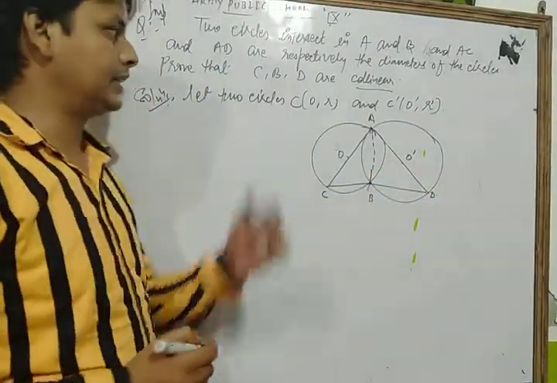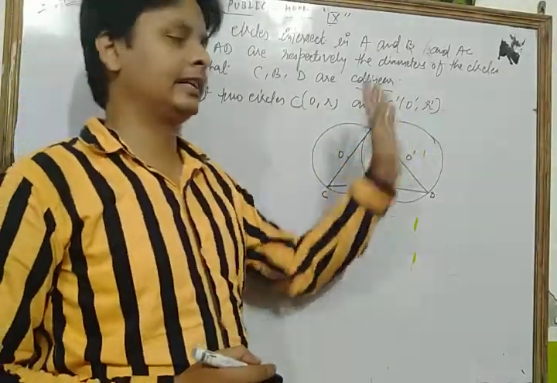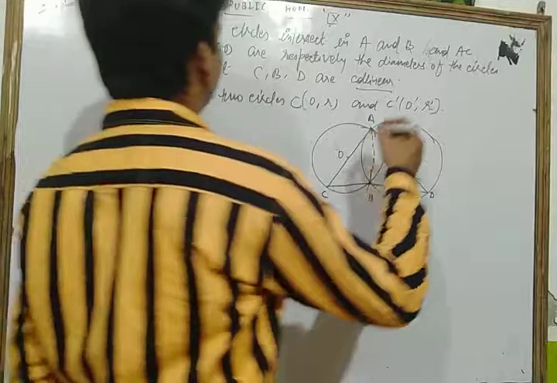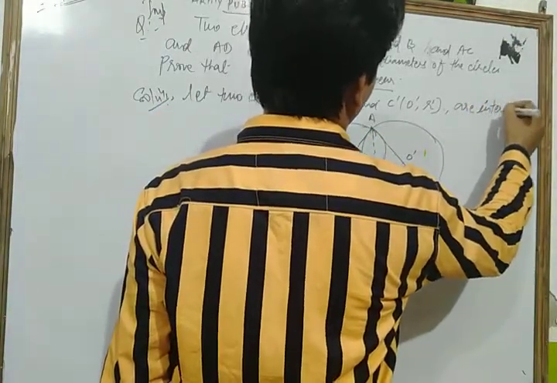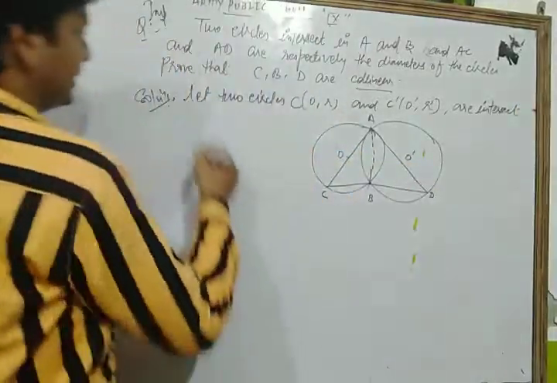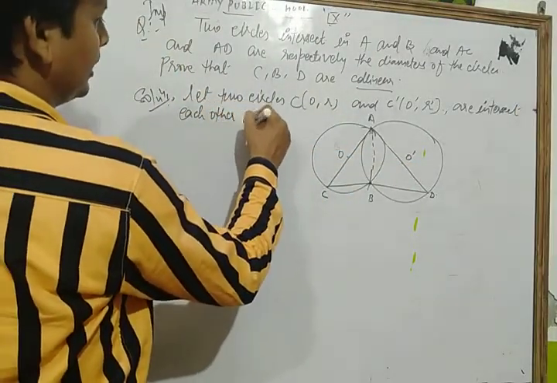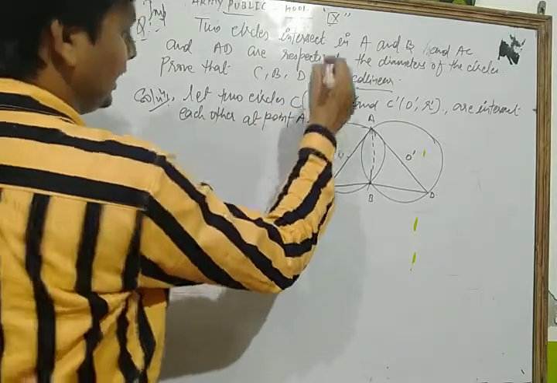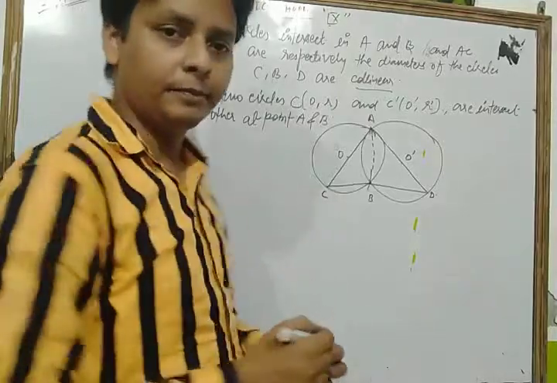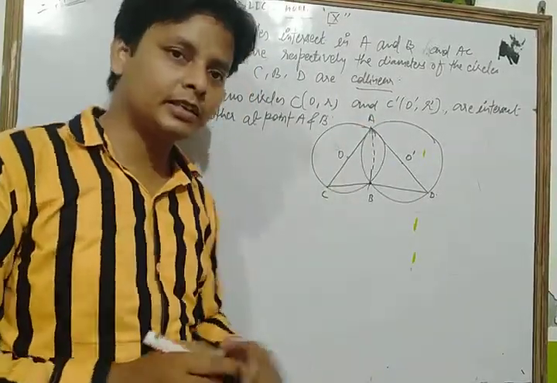Here, let two circles C with center O and radius R, and C dash with center O dash and radius R dash, intersect each other at points A and B.